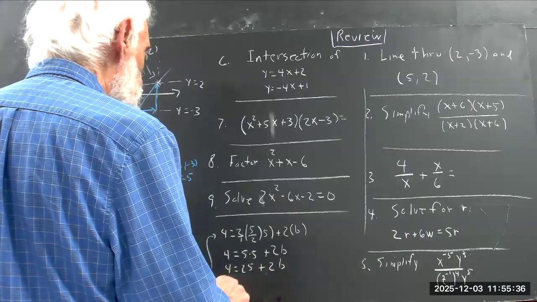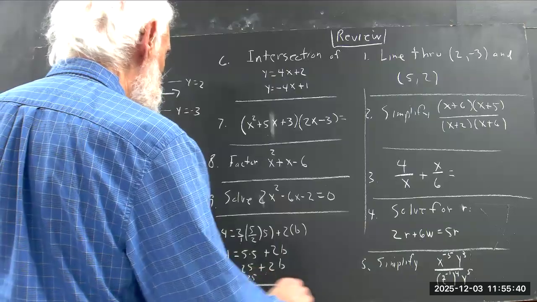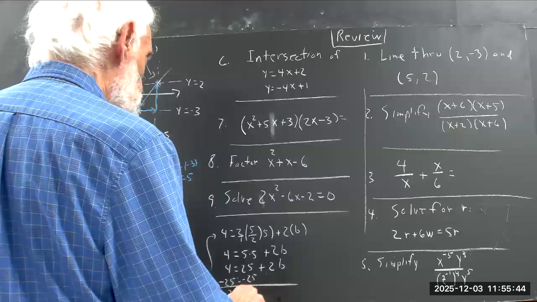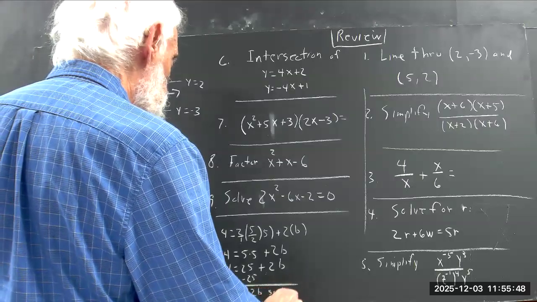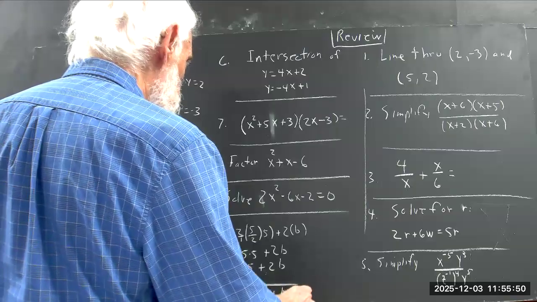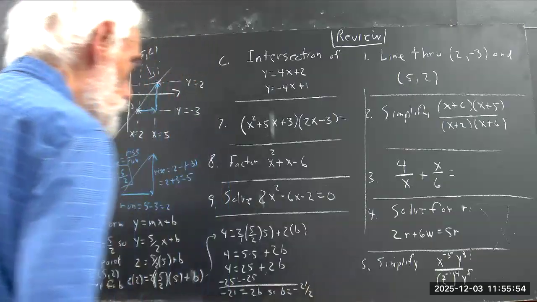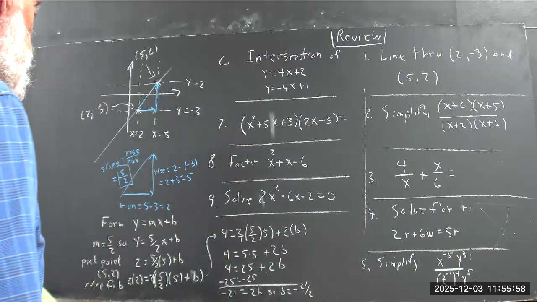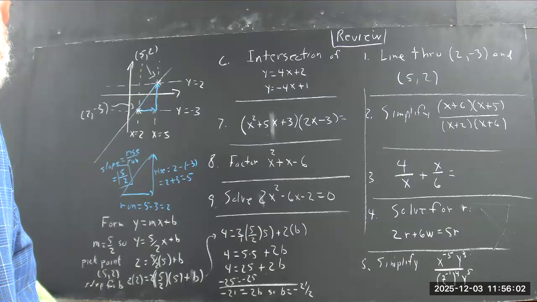And then we subtract 25 from both sides, and we get negative 21 equals 2b. So b equals negative 21 over 2, which is like negative 10.5. Now, somehow that doesn't seem quite right.